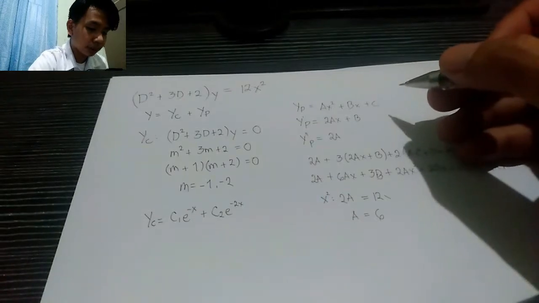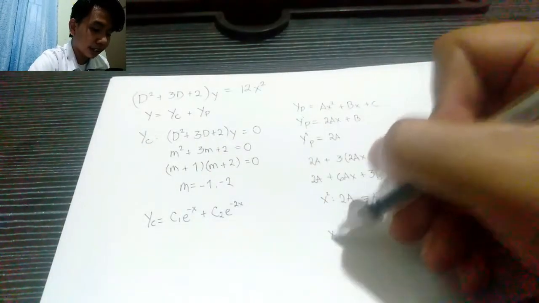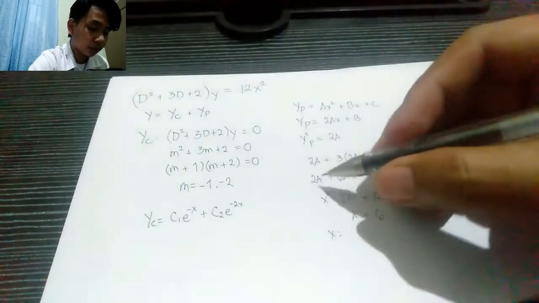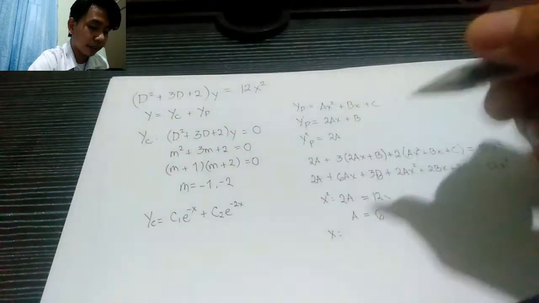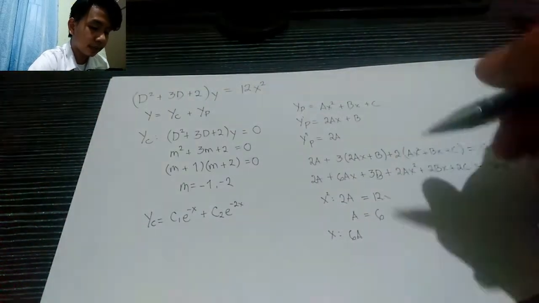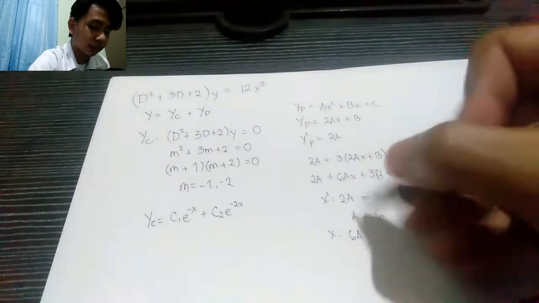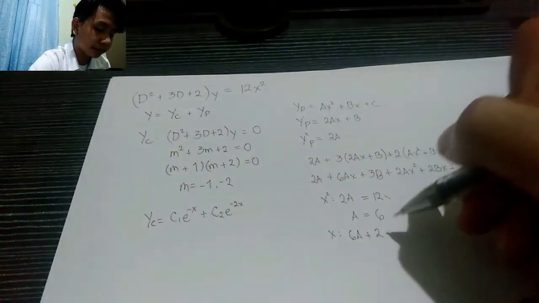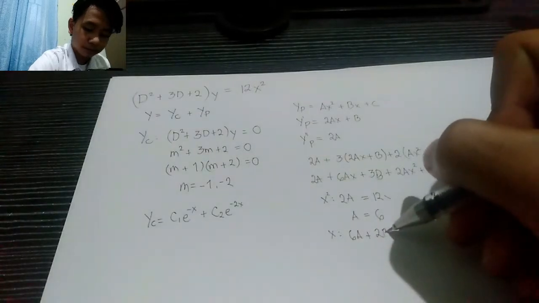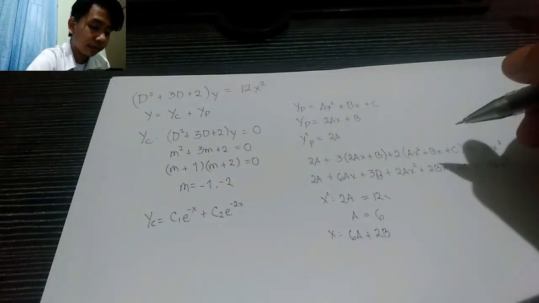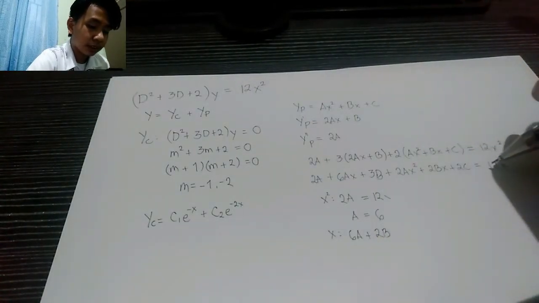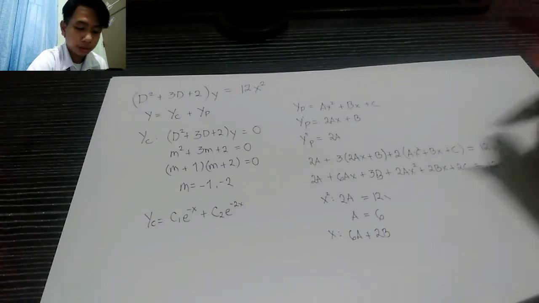Then, kunin naman natin yung value ng mga coefficients ng x. So, dito, 2a, wala namang x. Dito may x, so 6a. 3b, wala. 2ax squared, wala. Dito may x, so plus 2b. Then, plus 2c equals, dito wala naman, so 0 na lang.